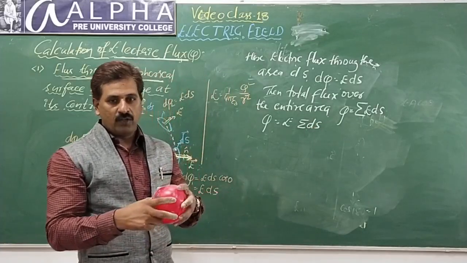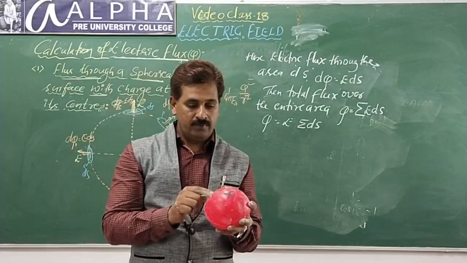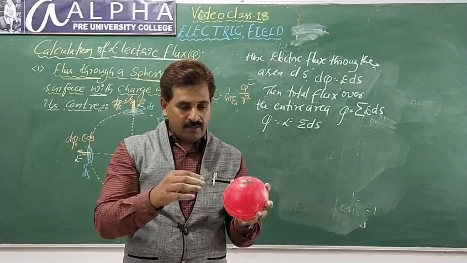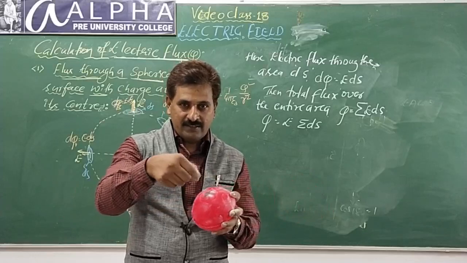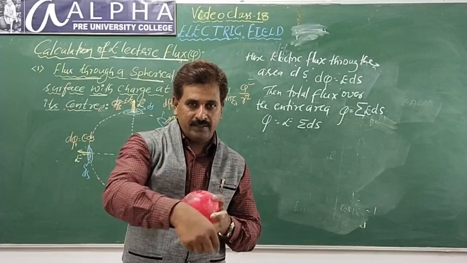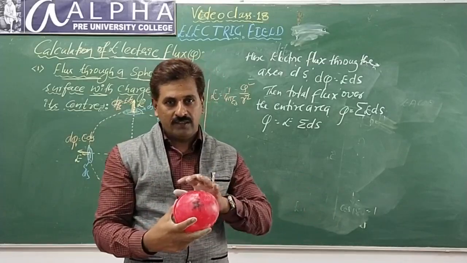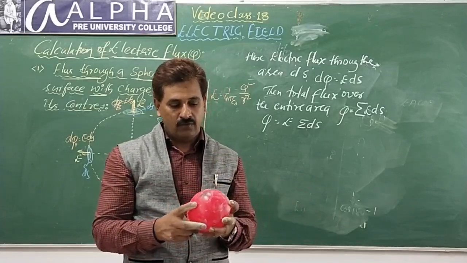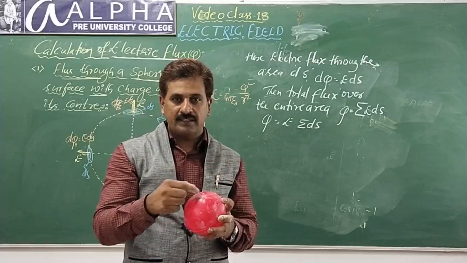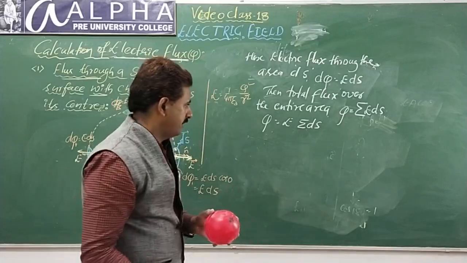Like, you consider it as a football. You cut all the patches and separate them. Then you start stitching, and when you complete it, it becomes the sphere. Therefore, the total area is the sum of the areas of all the patches.